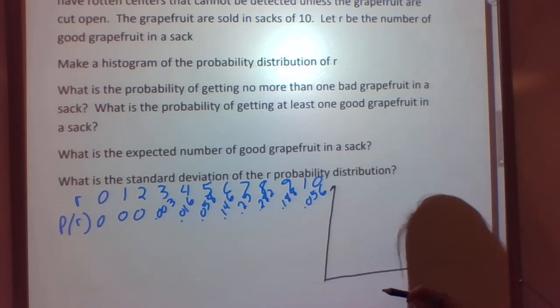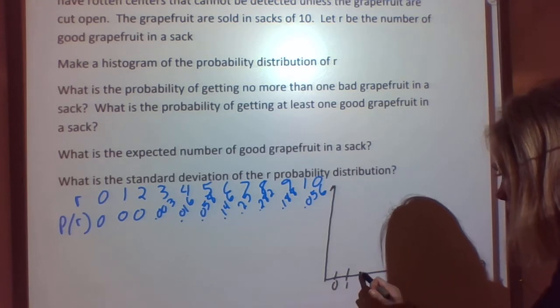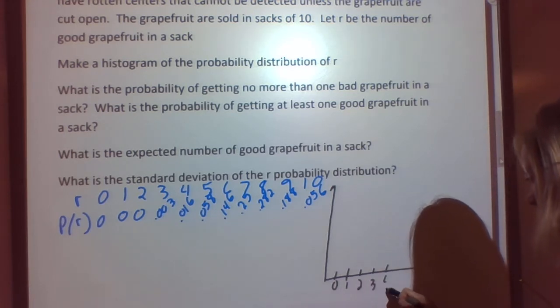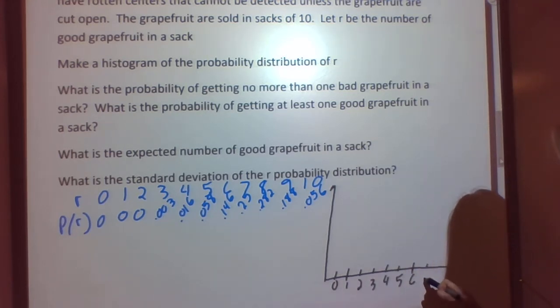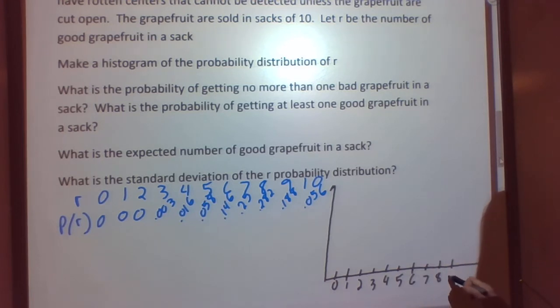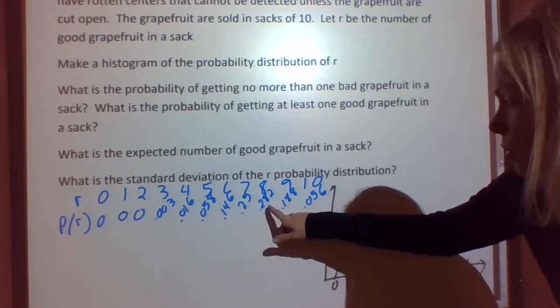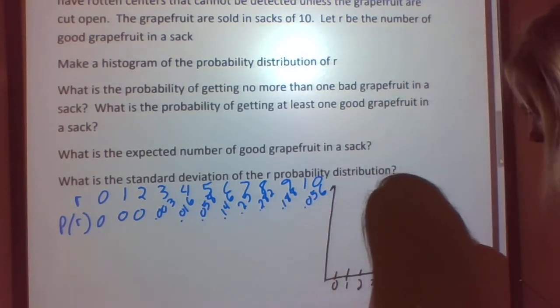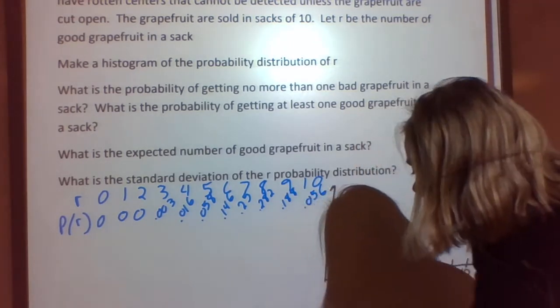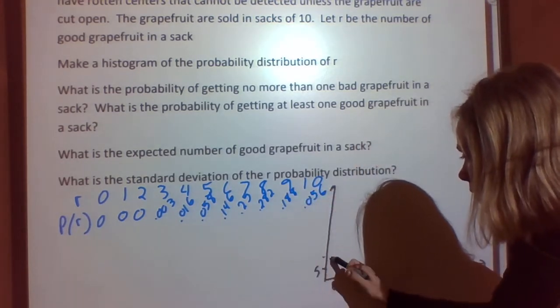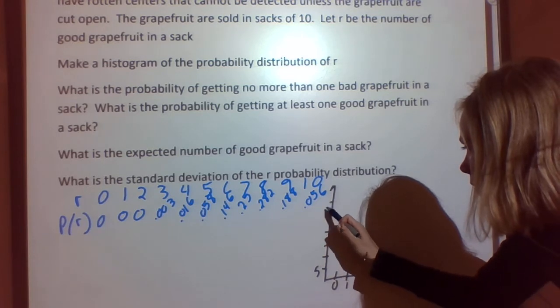Right, so I'd go 0 through 10. And I know my probabilities, the biggest probability I have is 28%. So I count by fives again. 5, 10, 15, 20, 25, 30.